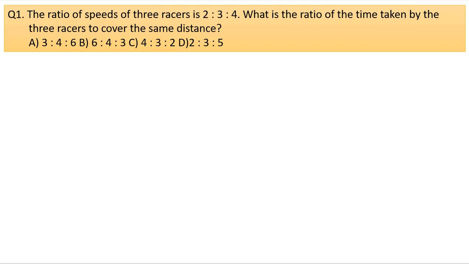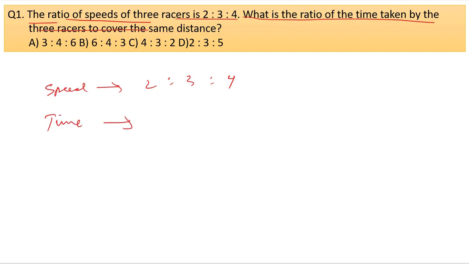In the first question, we have the ratio of speeds of three persons as 2 is to 3 is to 4. What is the ratio of the time taken by the three to cover the same distance? Since we have the same distance, speed and time will be reciprocal to each other.